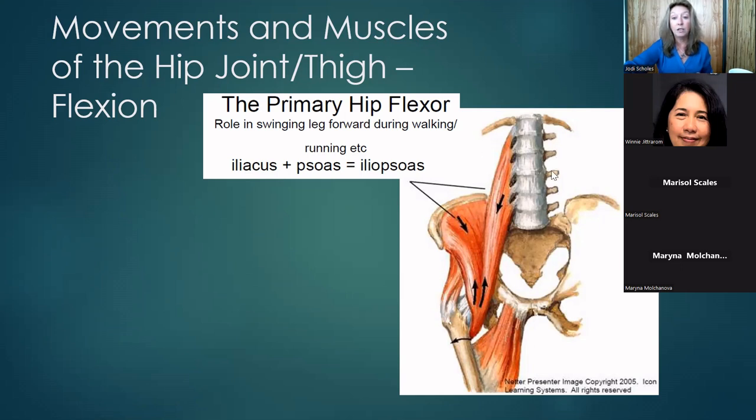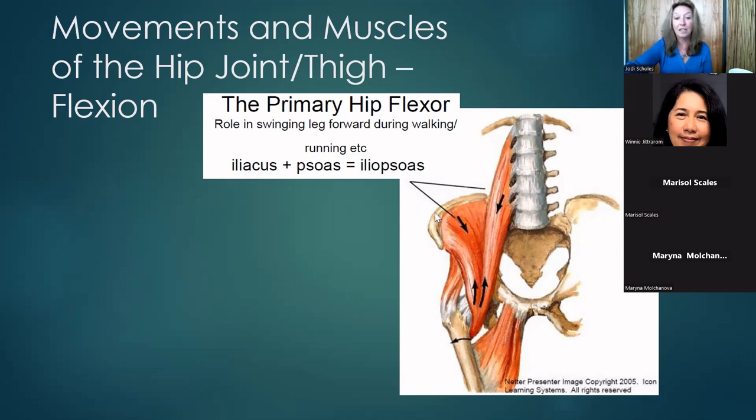So L1, L2, L3, L4, L5, lumbar, lumbar, lumbar, lumbar, L. It attaches all along those lumbar vertebrae, comes through the trunk, and attaches on the inside of the femur at a location called the lesser trochanter. Now, will you be asked about origin and insertion? I hope not. But in case you do, here you have it.